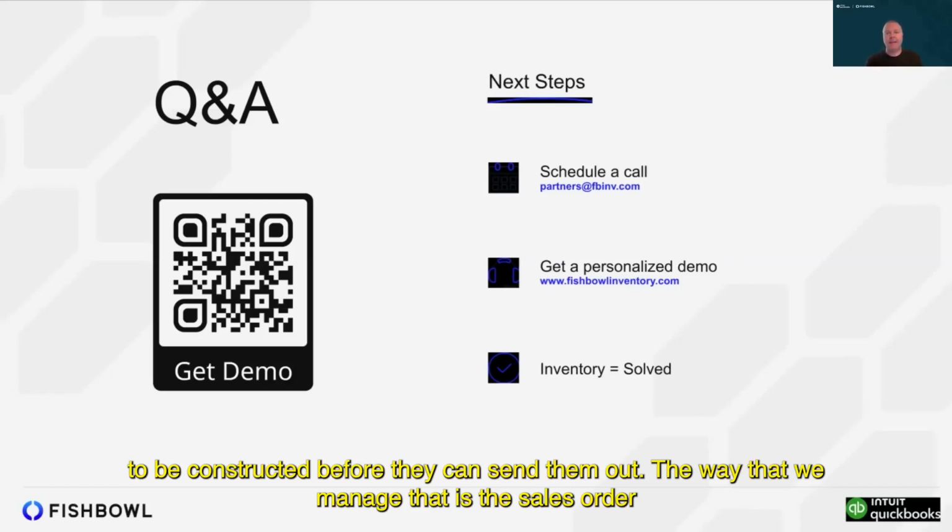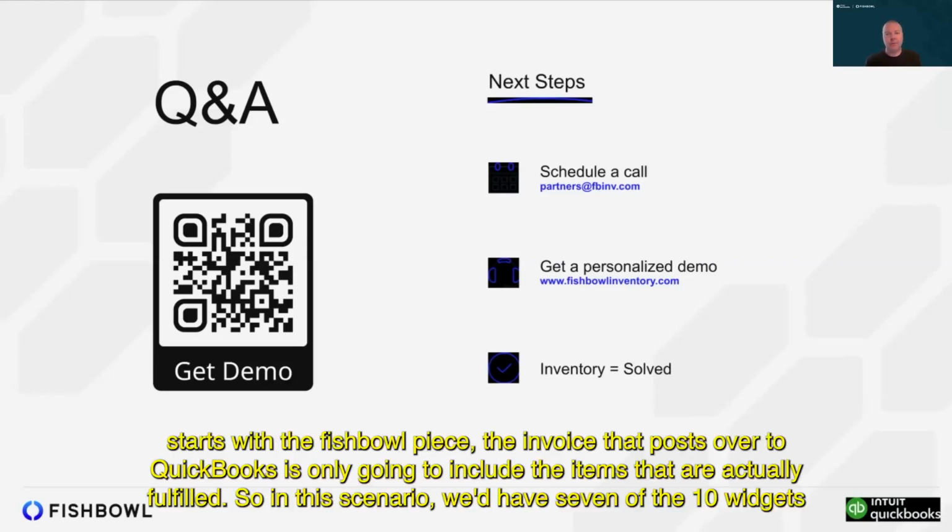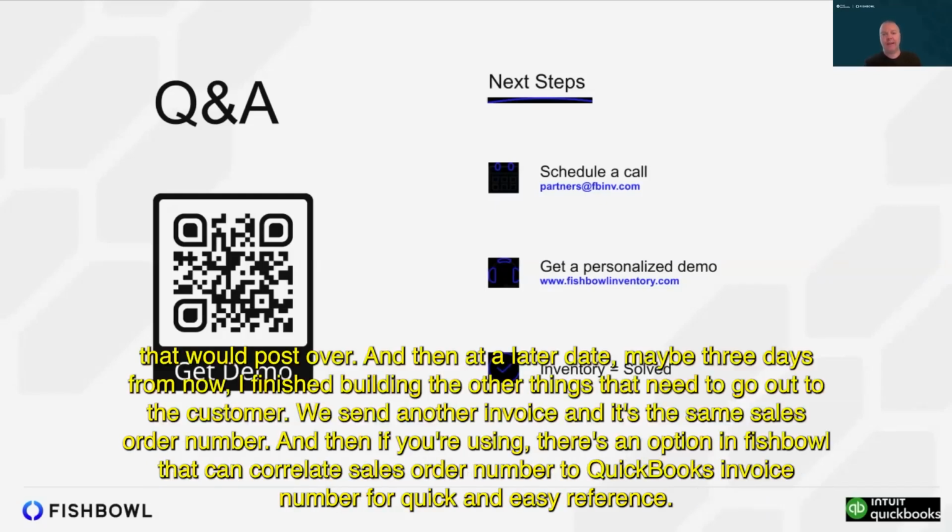The way that we manage that is the sales order starts with the Fishbowl piece. The invoice that posts over to QuickBooks is only going to include the items that are actually fulfilled. So in this scenario, we'd have 7 of the 10 widgets that would post over. And then at a later date, maybe 3 days from now, I finished building the other things that need to go out to the customer. We send another invoice, and it's the same sales order number.